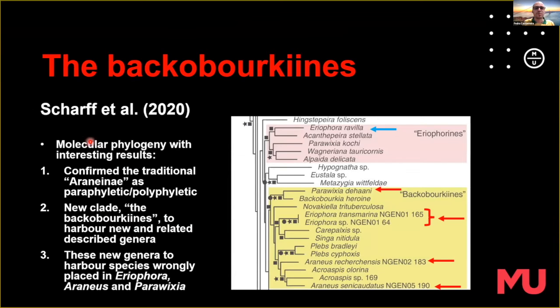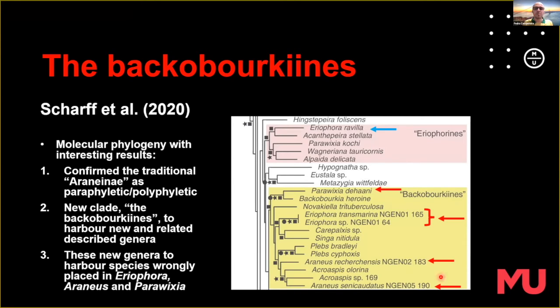The starting point for this project was the phylogeny of Scharff et al. 2020 that presented the Backobourkiines to us and confirmed that traditional Araneinae, which is the traditional subfamily of araneids, was paraphyletic or polyphyletic, with many classical lineages spread over different clades.